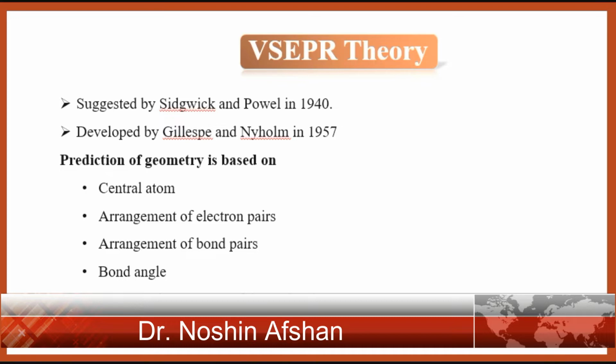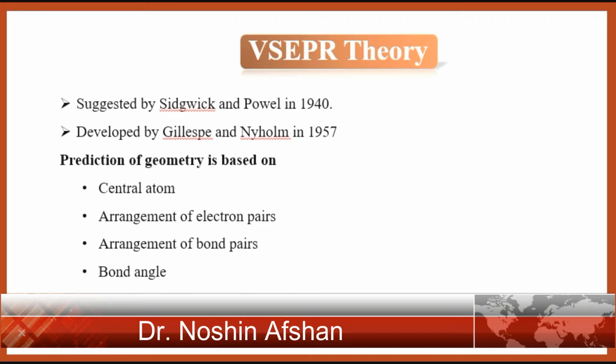And along with the determination of the central atom, it is compulsory to understand the arrangement of the electron pairs, arrangement of the bond pairs, estimation of the bond angle, and drawing the structure of the molecule.